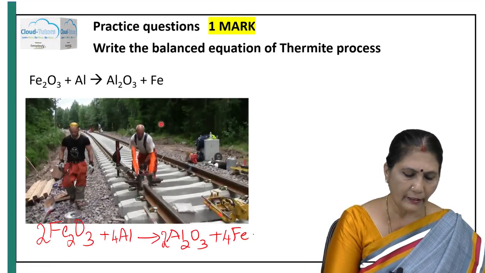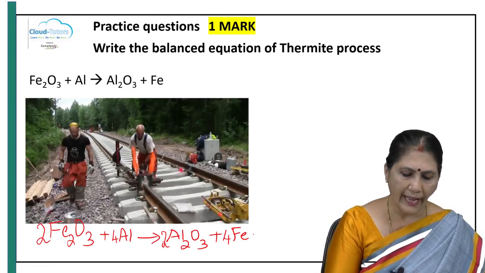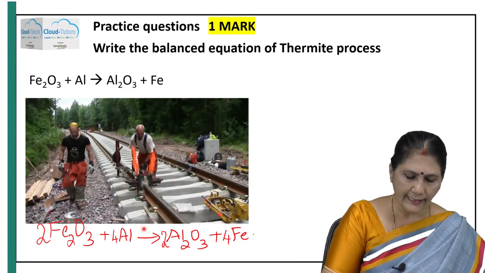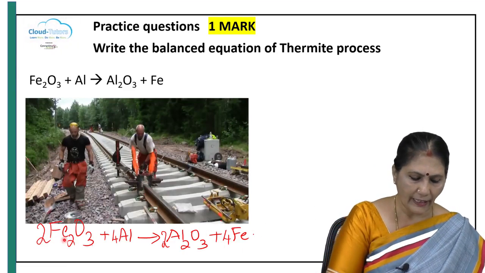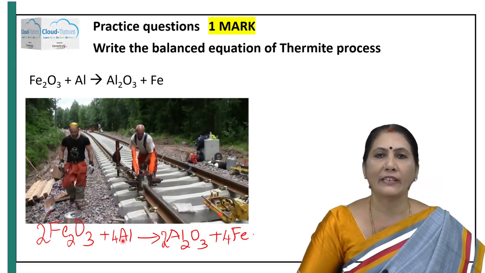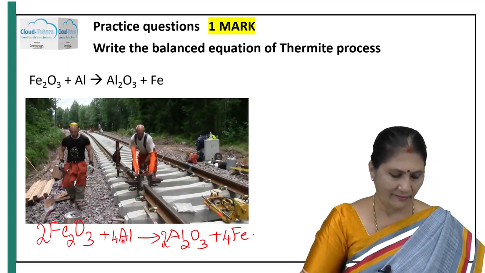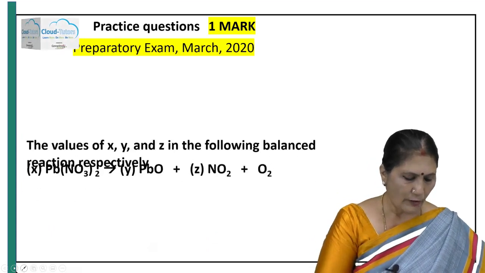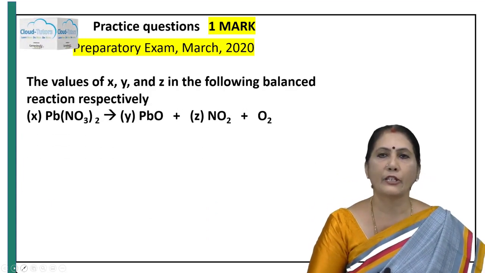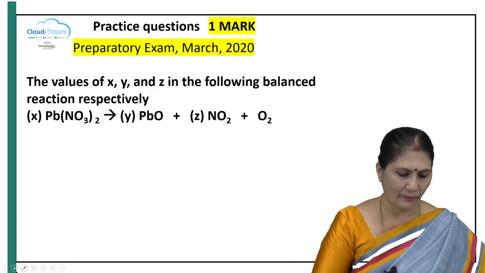If you see this particular railway track welding, it involves molten iron being evolved whenever iron oxide is made to react with aluminium. Now to the next reaction. It's a 1-mark question that was asked in the March 2020 preparatory exam.